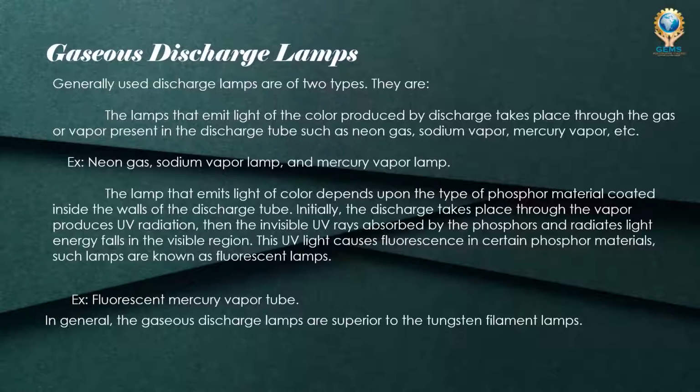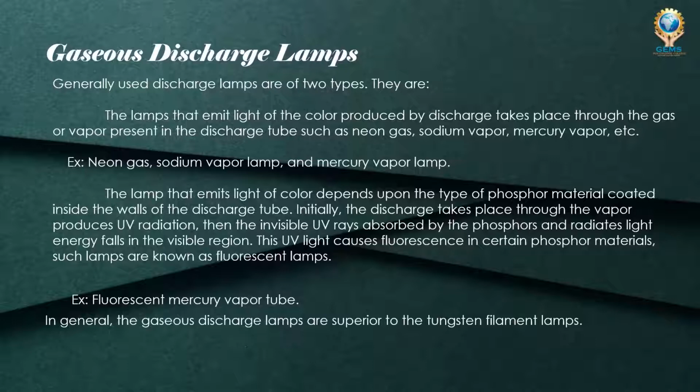But another type is the lamp that emits light of a color depending upon the type of phosphor material coated inside the walls. So depending upon the coating of the walls of the lamp, the color of the light will glow.